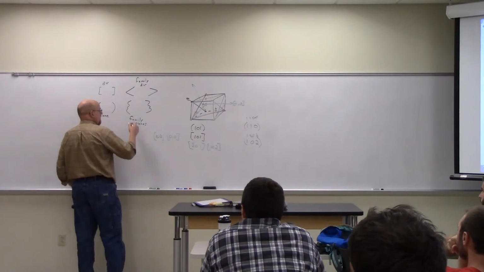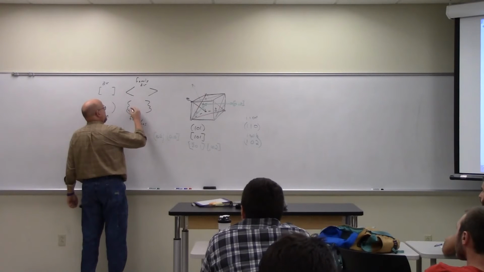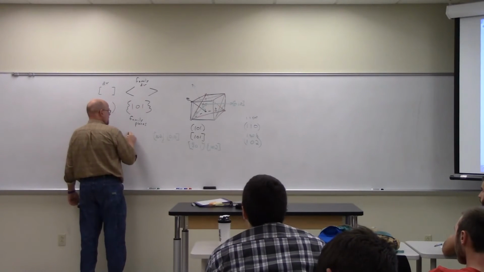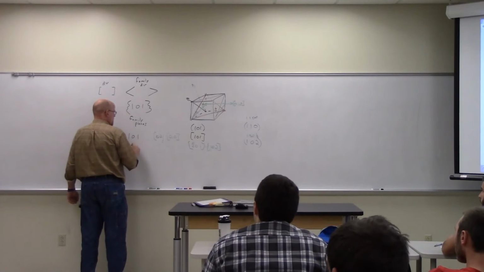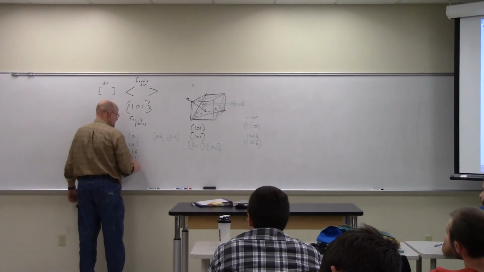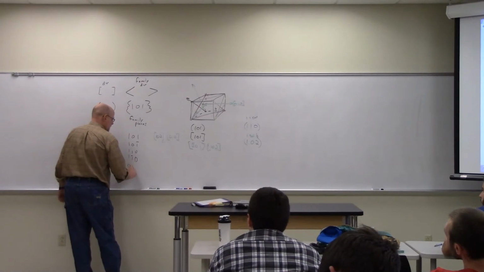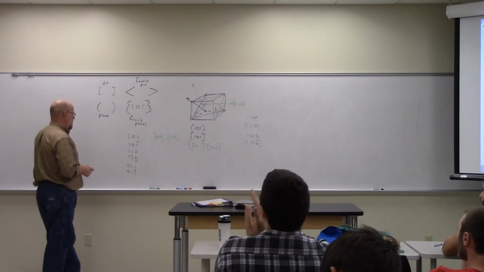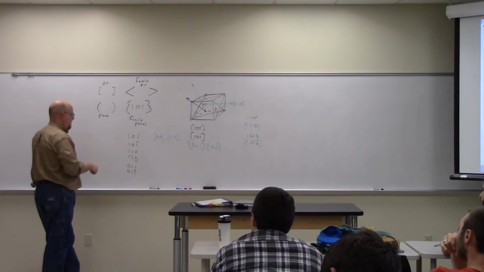So generally speaking, if I have, for instance, the 101 family of planes, that's going to include 101, 101 bar, 110, 11 bar 0, 011, 011 bar, and the negatives of all of those.